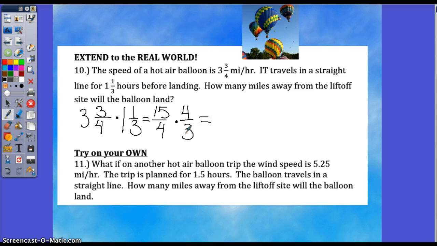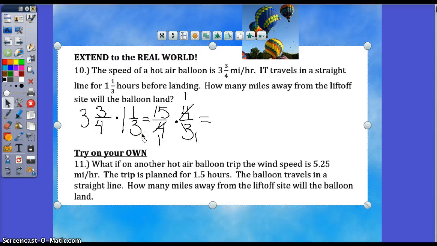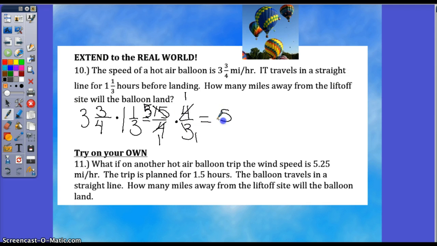Now, I don't know about you, I see lots of cross simplification. 4 divided by 4 is 1. 4 divided by 4 is 1. 15 and 3 are both divisible by 3. 3 divided by 3 is 1. 15 divided by 3 is 5. 5 times 1 is 5. 1 times 1 is 1. So 5 over 1 is 5 miles.